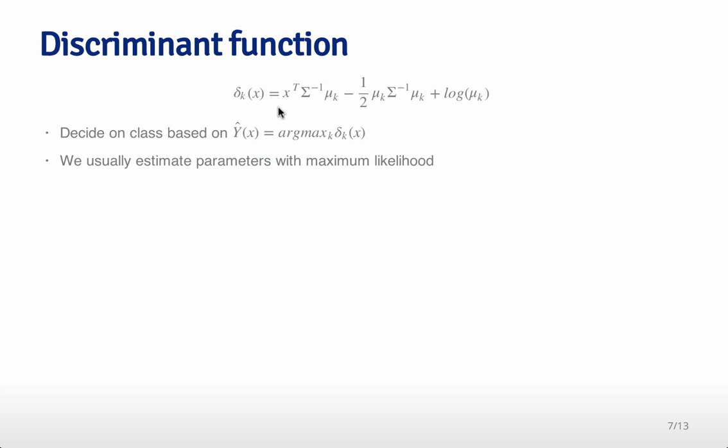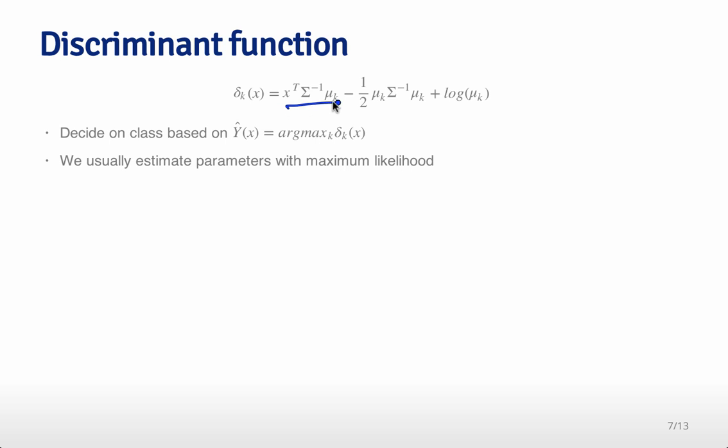In general, the discriminant function is what gets used here. So the basic idea is we have a discriminant function that looks like this, where mu_k is the mean of class K for all our features. Sigma inverse is the inverse of the covariance matrix for that class. Actually, it's the same covariance matrix for all classes here.